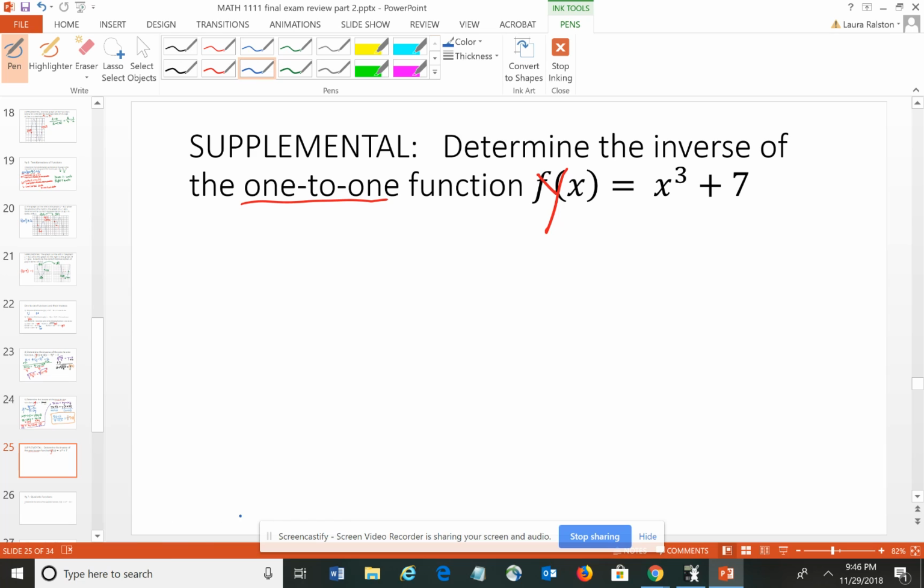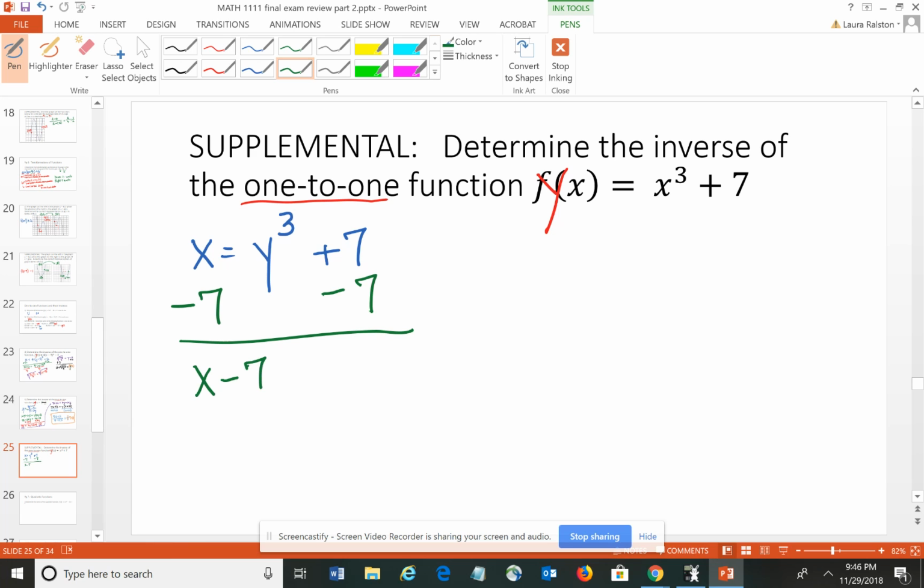We begin by interchanging x and y, so we rewrite, we have x equals y to the third plus 7. Then we want to solve for y. So I'm going to subtract 7 from either side so I can isolate the y. So I have x minus 7 equals y to the third power.